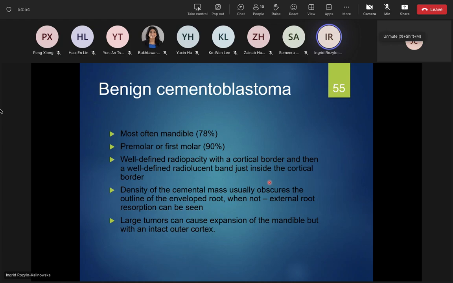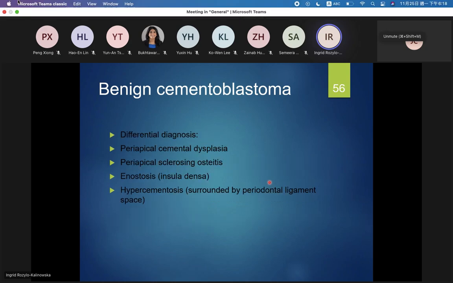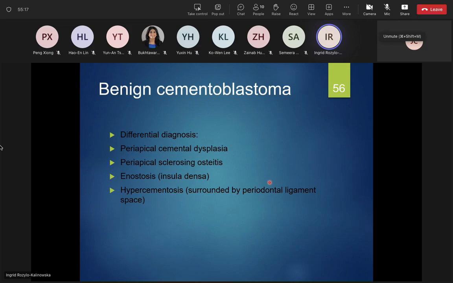And in case of multiple layers, accumulations of cementum and hypercementosis, and also accumulation of this incorrect cementum in case of cementoblastoma, then it will be visible. One of the symptoms reported for cementoblastoma is its golf ball appearance.